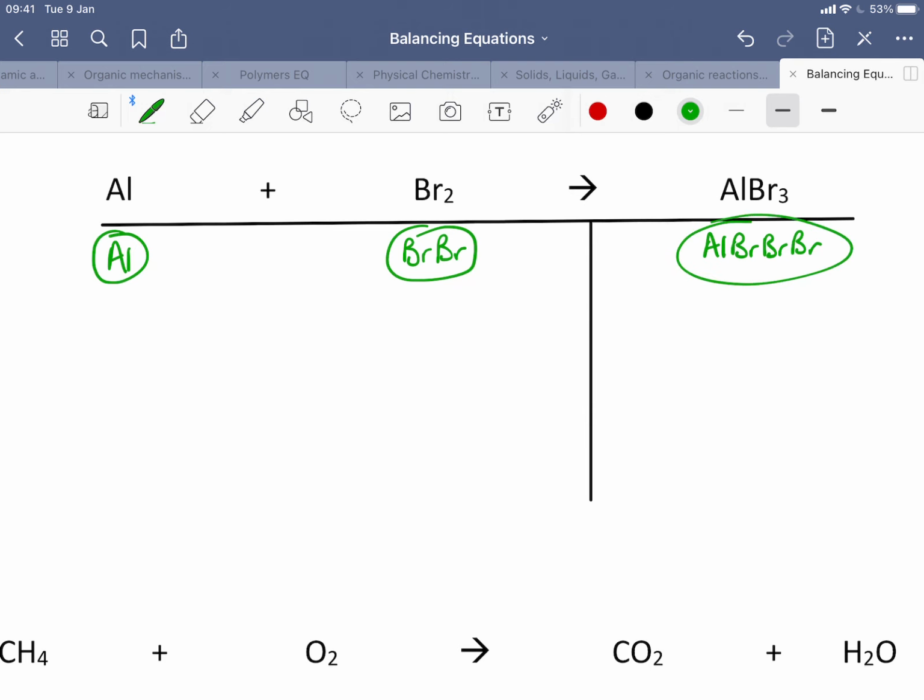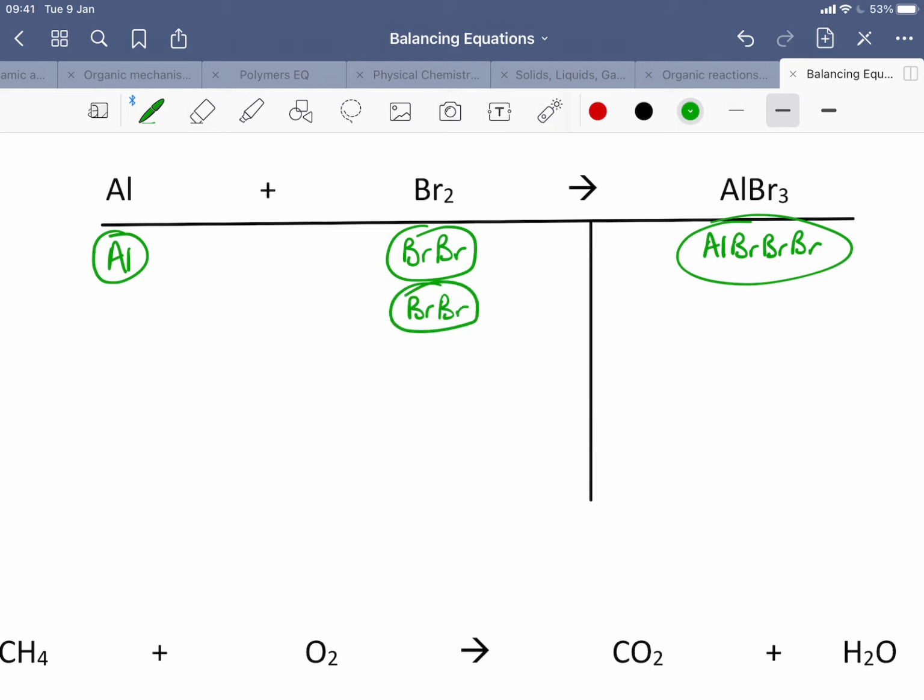Okay, so looking at this, I have 1 aluminium on the left and 1 aluminium on the right. So at the moment my aluminiums are fine. I have 2 bromines on the left, but I have 3 bromines on the right. So I don't have enough bromines on the left. All I can do is add another bubble.